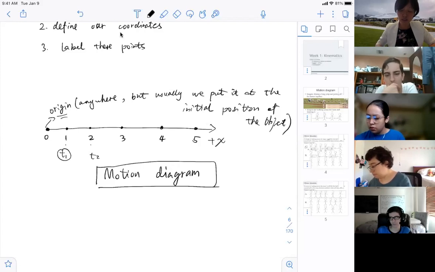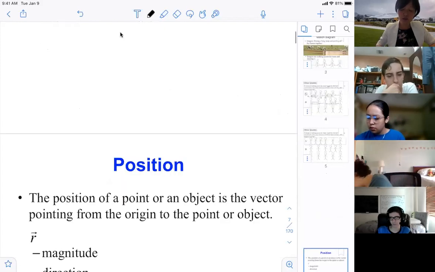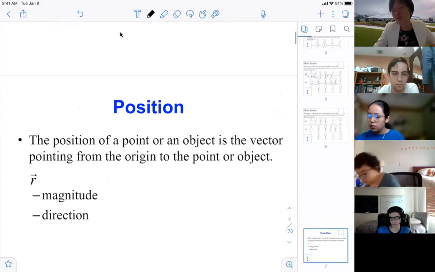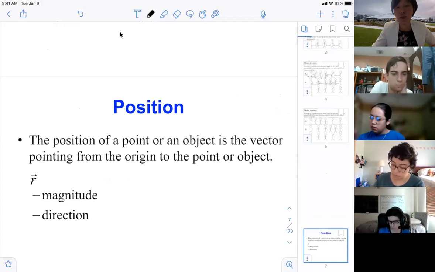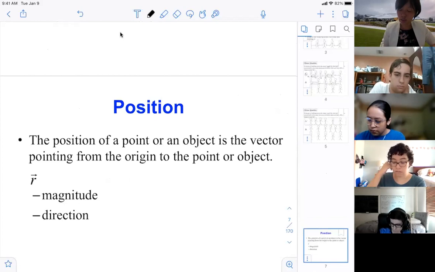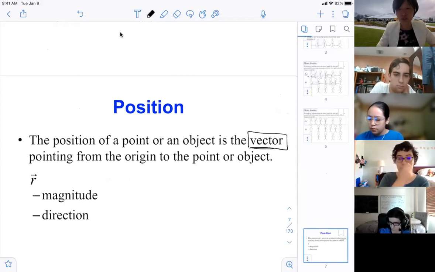Okay, so first of all, position. We are all familiar with the word position. You can tell people about your position. But if you already have a motion diagram, you can say the position of a point or an object is defined as a vector. Very importantly, this is a vector pointing from the origin to where the object is at that point.